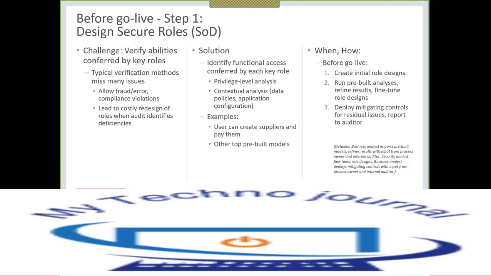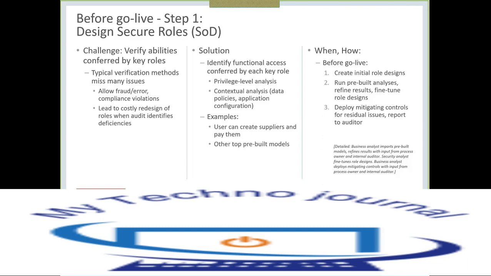And so that's where Advanced Access Controls' power comes in, where it's able to perform fine-grained privilege level analysis and actually perform contextual analysis by reading data access security, etc. We'll be going over that in a lot more detail tomorrow.